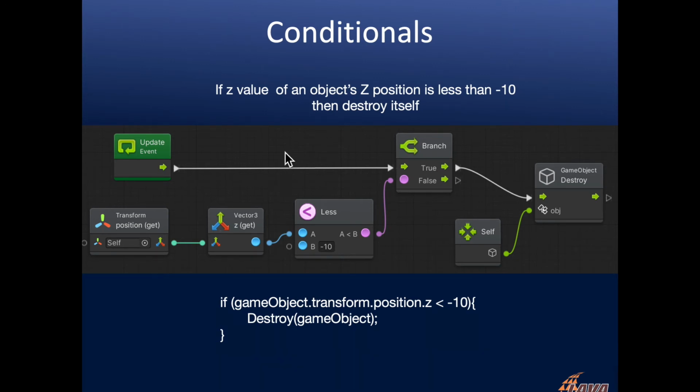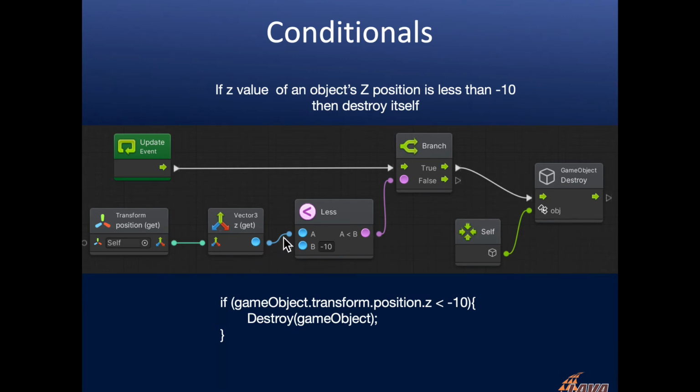So what you do is you take the position of the game object. So transform position get. Self means yourself as the game object. You feed its positional output into this vector3 get z node, and all that does is extract just the z component. So like this, the dot z.